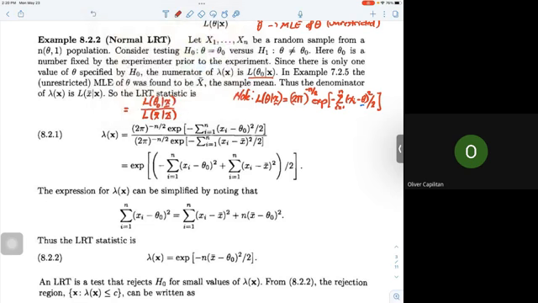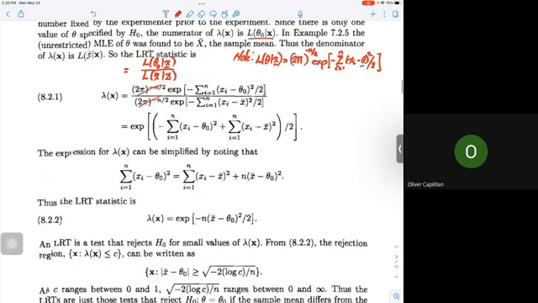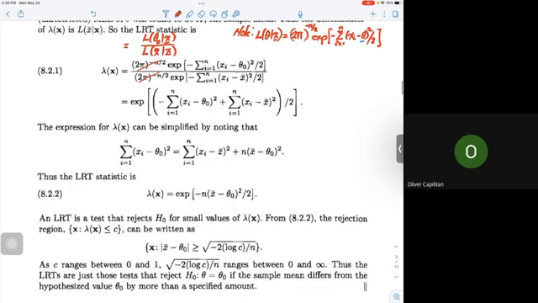So that means that we can cancel this. And then using the law of exponents, we have here the exponential of the negative. It can easily be verified that the summation of the square of x sub i minus theta will be equal to this expression on the right hand side.